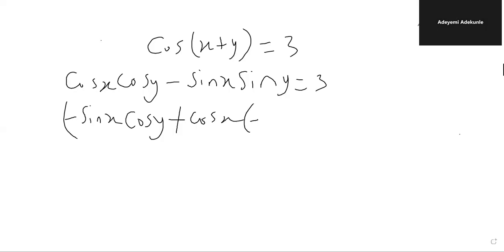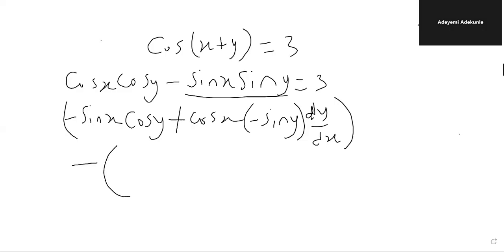Differentiate cos y. That's minus sine y. But don't forget, anytime we are differentiating y, we must add what? dy dx. Then minus, let's move to the next one. Differentiate sine x. That will be cos x, right? Keep the second one, meaning that I write sine y. Plus, keep the first one, that is I write sine x.